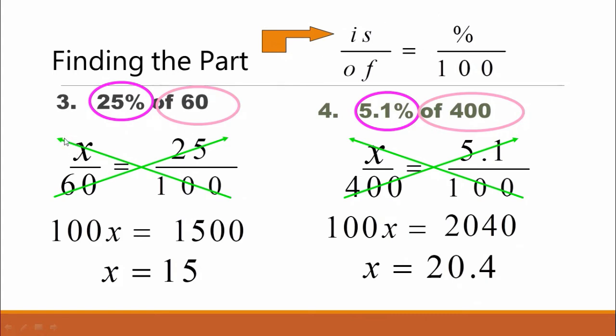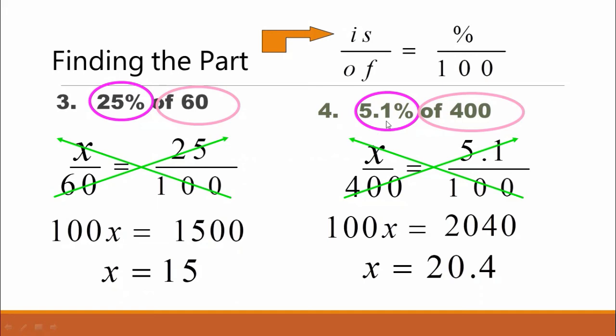For the part, I consider x. X is unknown. The whole is known: 100. 25% means 25 divided by 100. Now by cross multiplication, 100 multiplied by x and 100 multiplied by 25 is equal to 2500. Since 100 is connected with the unknown, dividing both sides by 100, we obtain x is equal to 25.